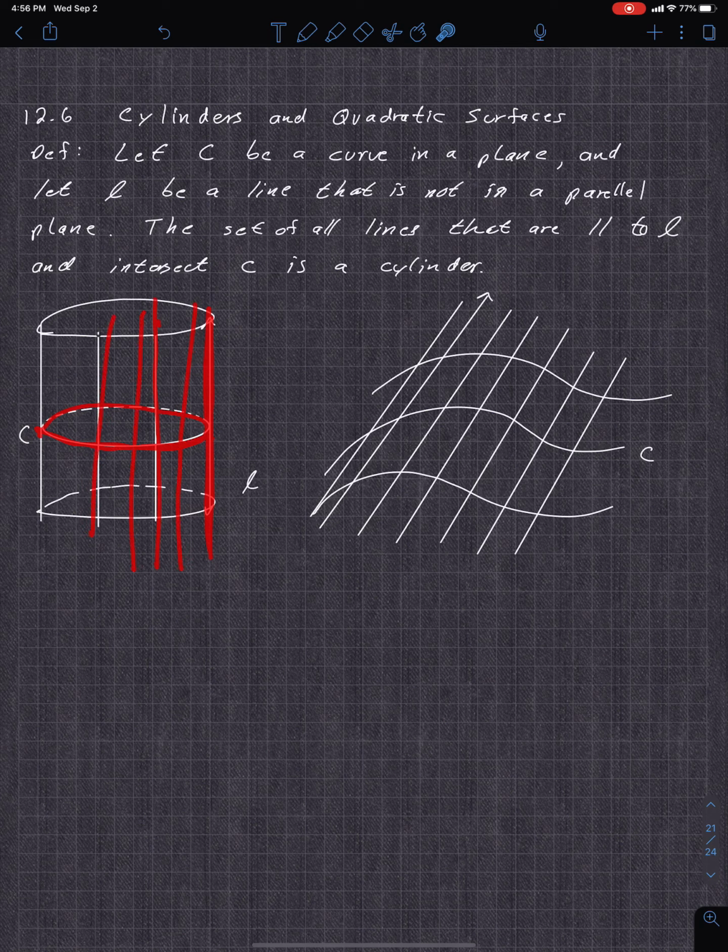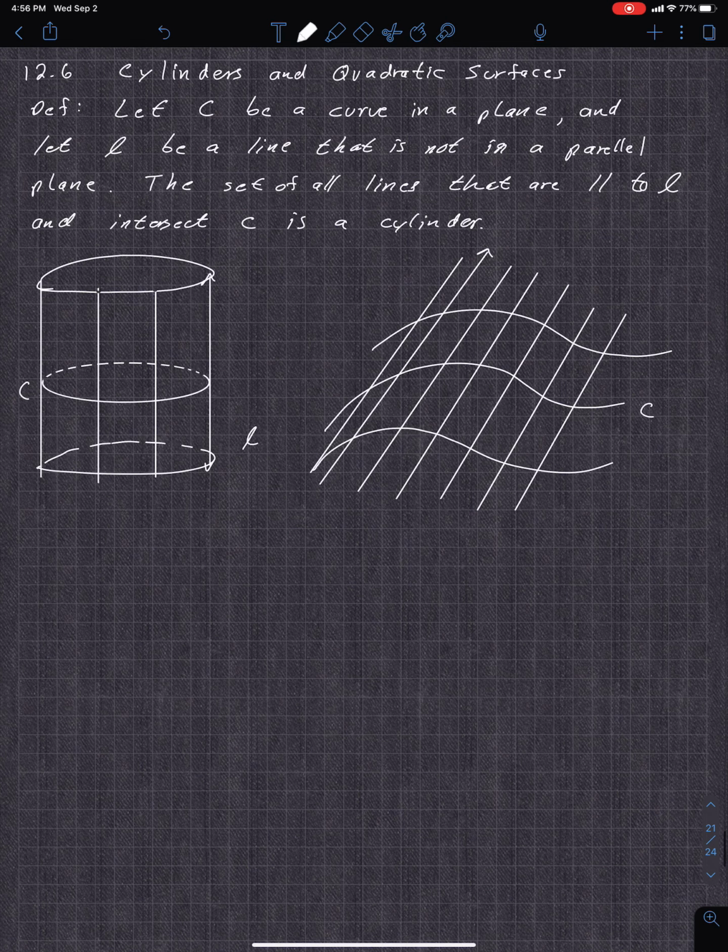All of these, that creates the cylinder all the way around. So picture like hold up a Coke can or something, and you know that's a cylinder. So the circle on the bottom or top is like your curve. And if you draw a line next to it, then all of those lines parallel to it that intersect the curve or the circle create this cylinder. Okay. All right, so that's what we look at first.